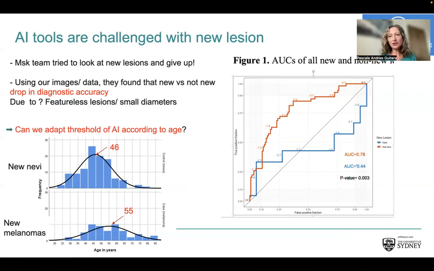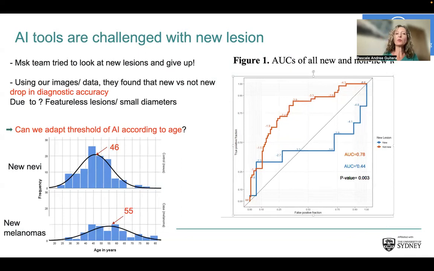And she didn't have enough total body photos to be able to really put a series together. So she gave up, and she just took our series from Sydney and compared with non-new lesions. And you can see the new lesion AUC curve there is really bad compared to the non-new lesion.